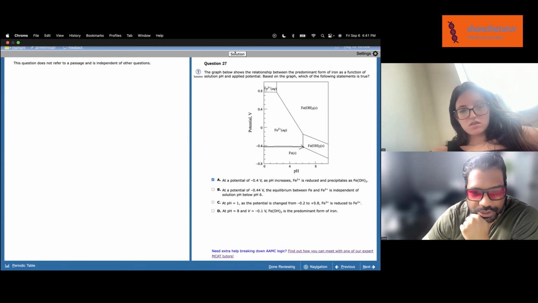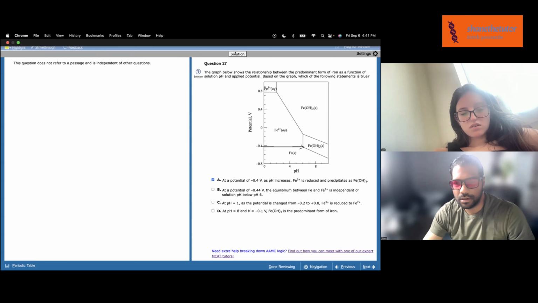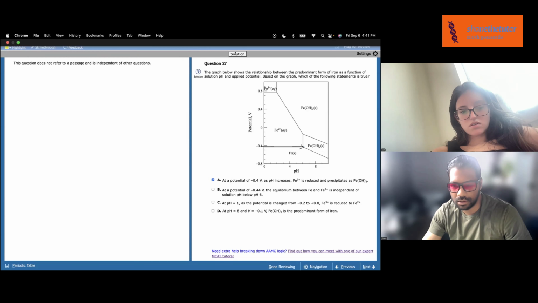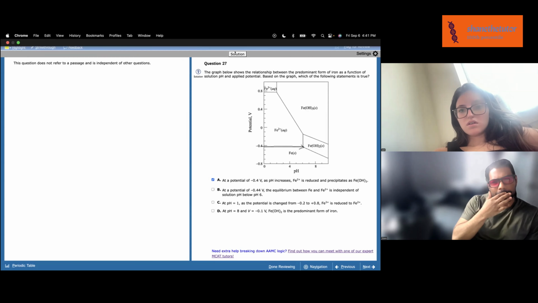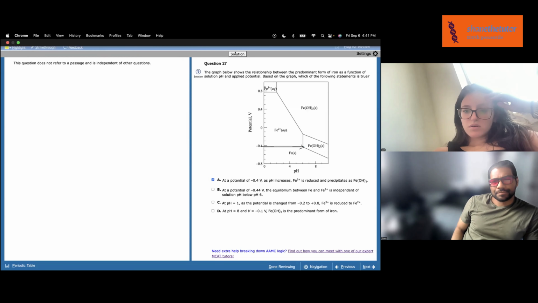Fe2+ is reduced and precipitates as... okay, what's the problem there? Wouldn't it precipitate if it's oxidized?